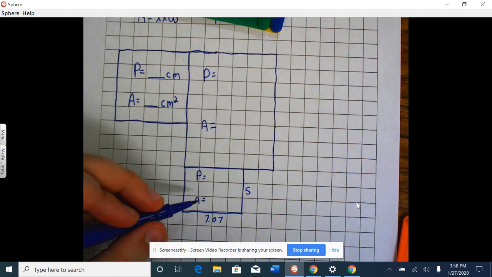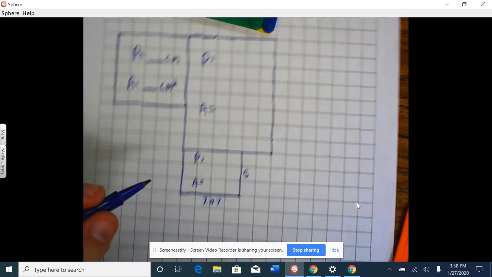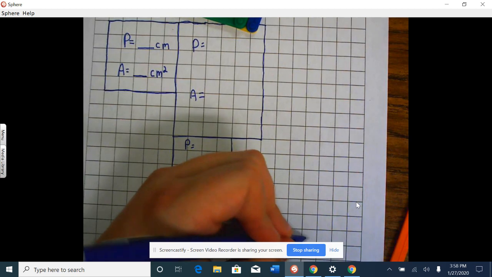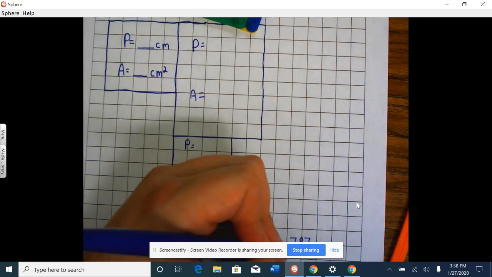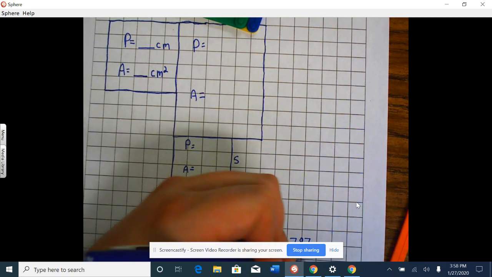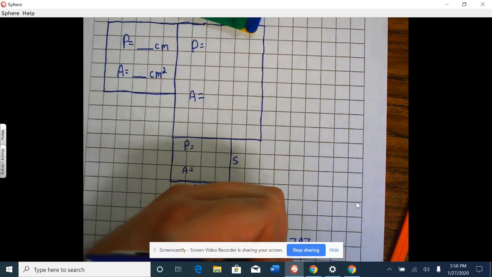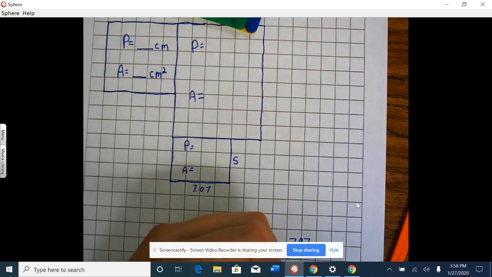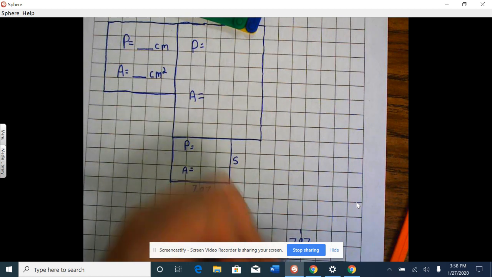So for my perimeter, I would do, and again, you'll do this on a separate sheet of paper, 7.07 plus 5 plus 7.07 plus 5. That's my length plus width plus length plus width. That's 7 plus 7 is 14.